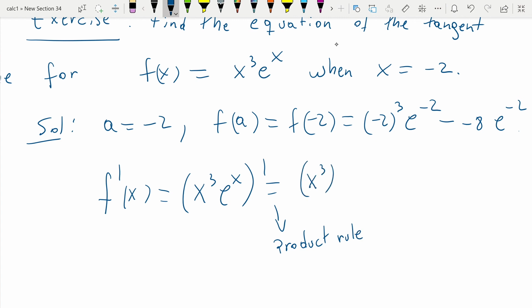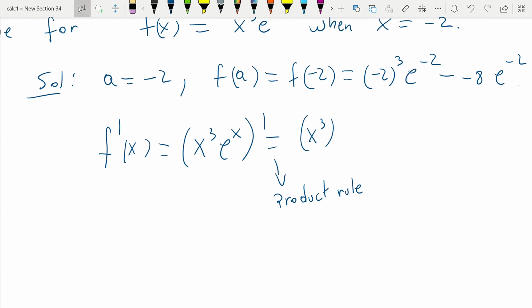The product rule is something that you just need to memorize. It's just the derivative of the first function times the second one plus the first function times the derivative of the second function.